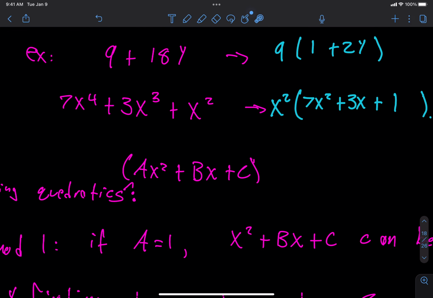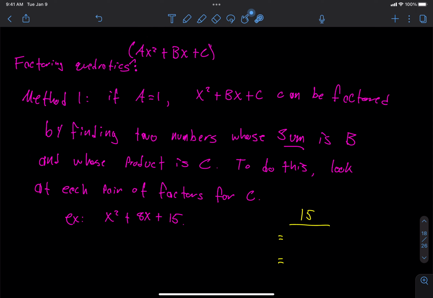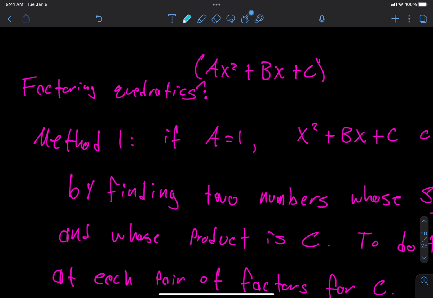Okay, so we're going to talk about a couple of different techniques for factoring quadratic expressions now. The general form which I'm going to use for a quadratic is ax squared plus bx plus c, where a, b, and c are assumed to be different numbers. x is always going to be a variable, which is different than a constant.